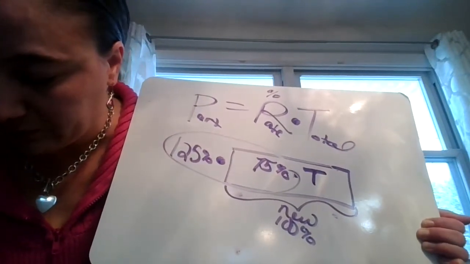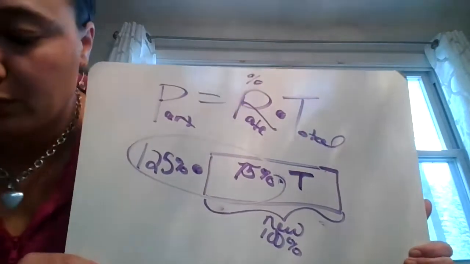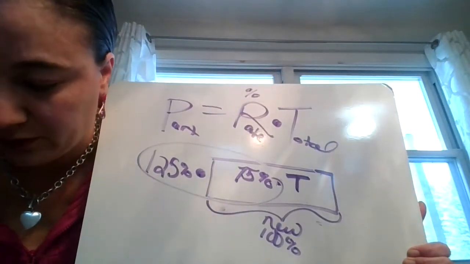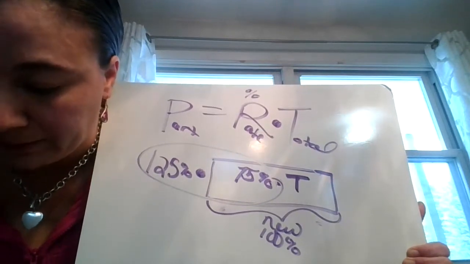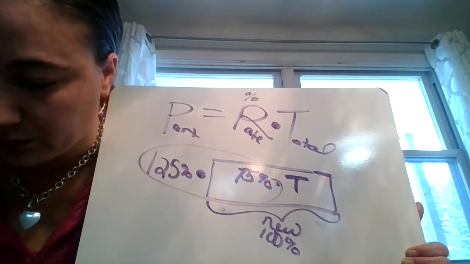Okay, so it's not going to be what you think. I'm not back to the normal 100% because I lost it and then I gained 25% of a new number back. So this is how I talk while I'm doing work here.